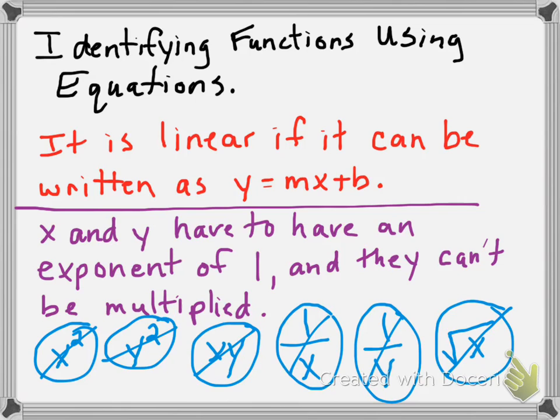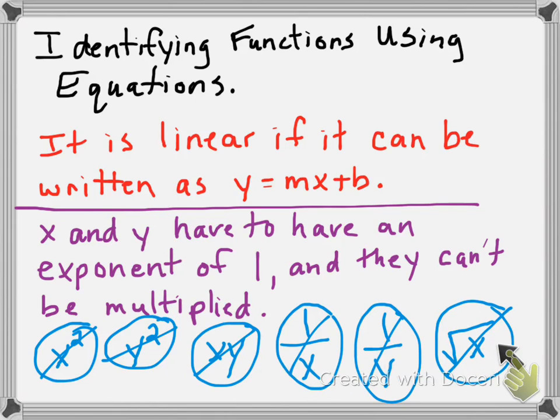So I've broken it down. We have the main definition: it's linear if it can be written as y equals mx plus b. Then I've told you what you've got to have in the equation: x and y with an exponent of 1, and they can't be multiplied together. Now look down here at the bottom.